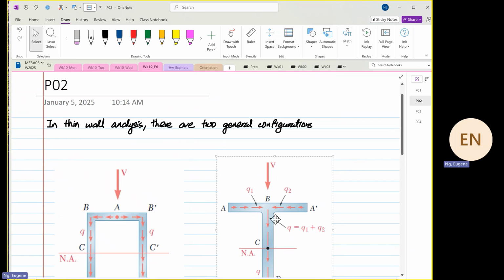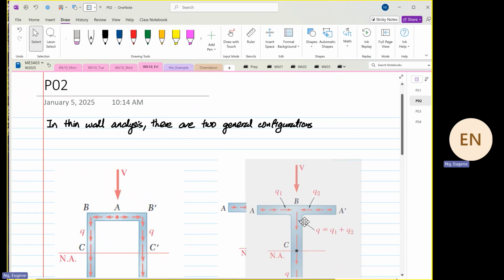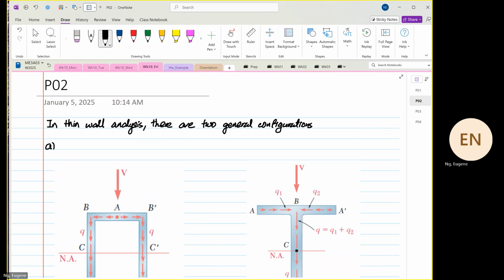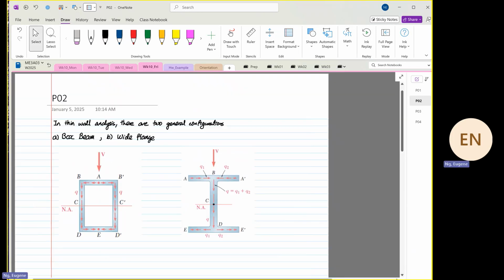Okay, so you can see 2 different configurations. So one is known as the box beam. And the second one is known as the wide flange. Okay.